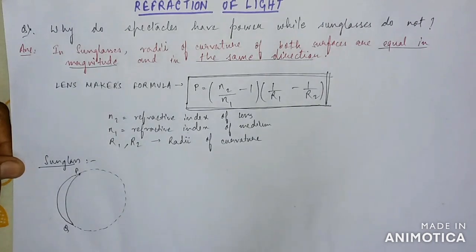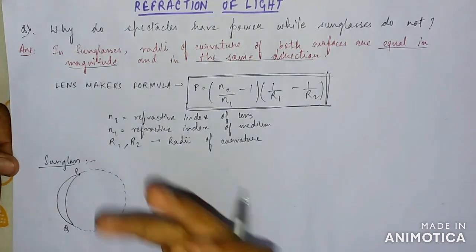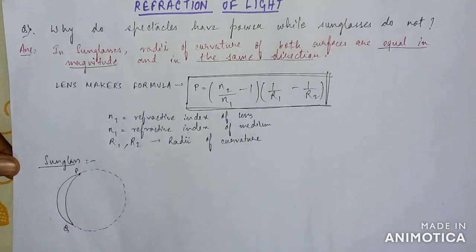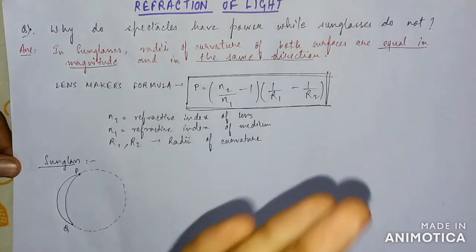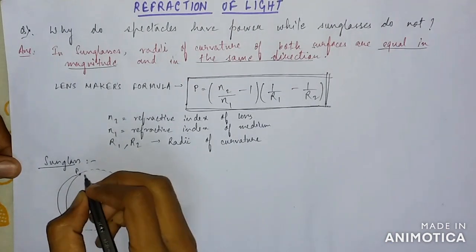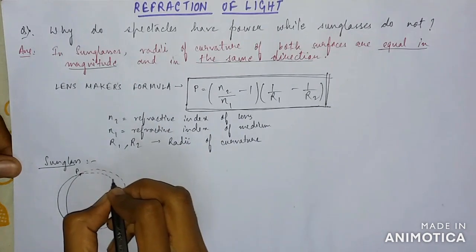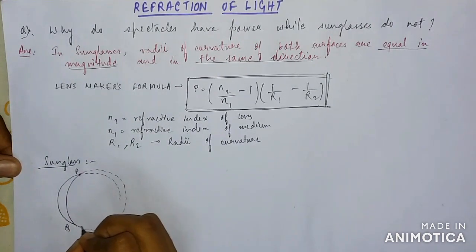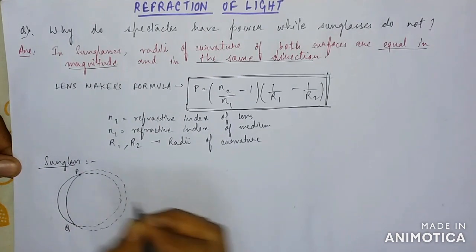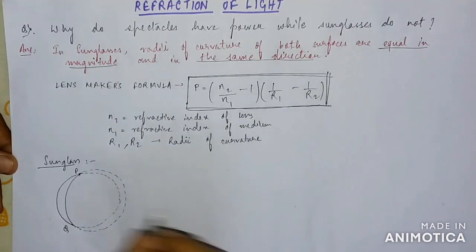You are just extending back the surfaces so that we can understand what was the radius of the sphere from which the lens was cut. So the sphere from which the lens was cut looked something like this.